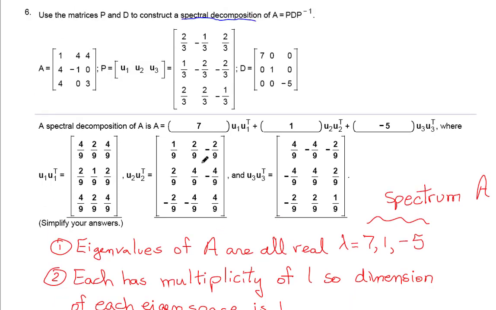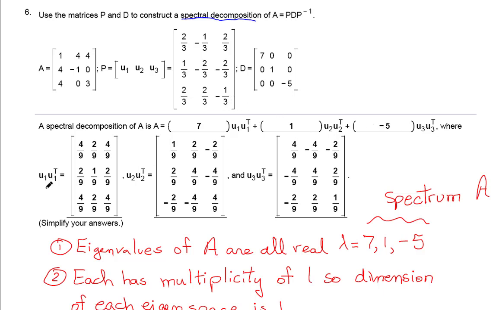That's why you see here that the spectral decomposition is 7 times u1, the eigenvector that goes with 7, plus the eigenvalue of 1 times u2, the eigenvector that goes with that, and then finally the eigenvalue of minus 5 and its corresponding eigenvector u3.